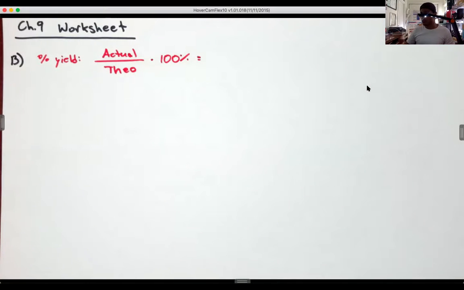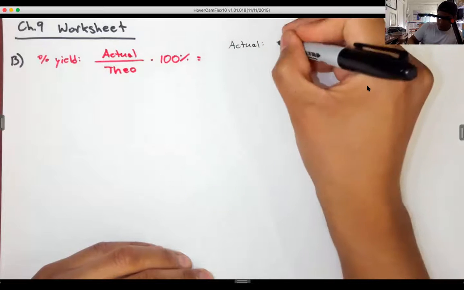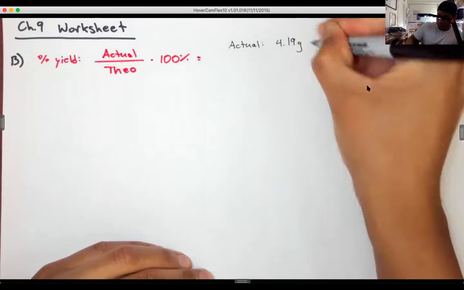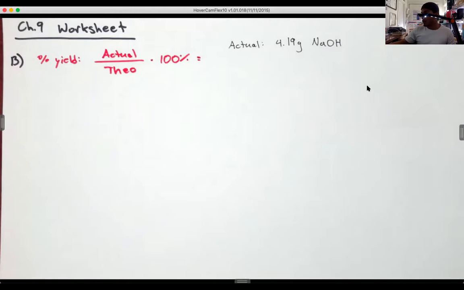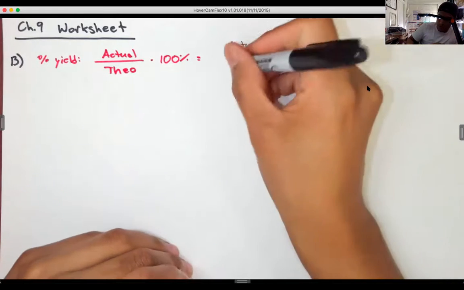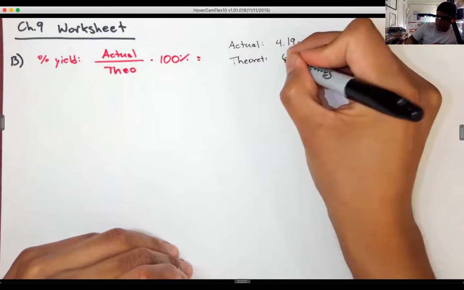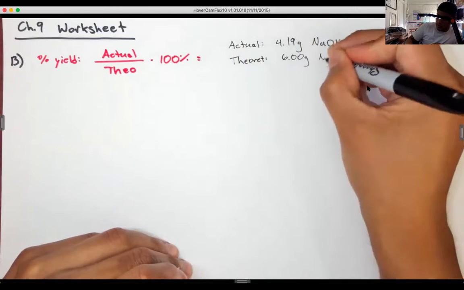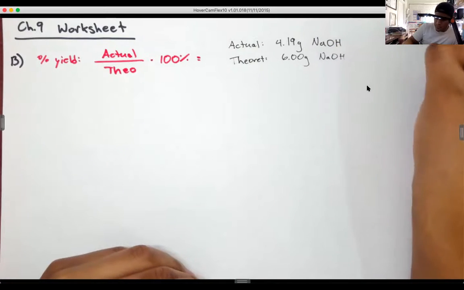If a chemical reaction produces 4.19 grams of NaOH, right? So that's our actual. What would be the percent yield if the reaction theoretically is supposed to produce 6.00 grams of NaOH? So let's pretend we had a reaction that went like this.